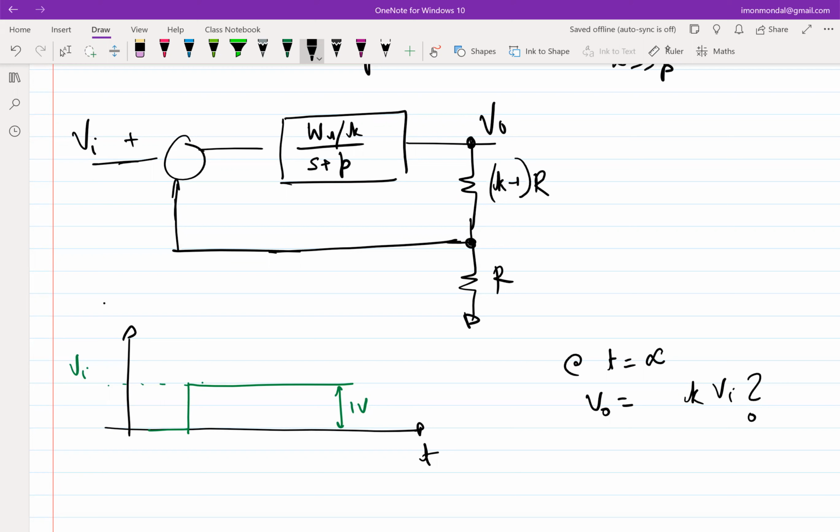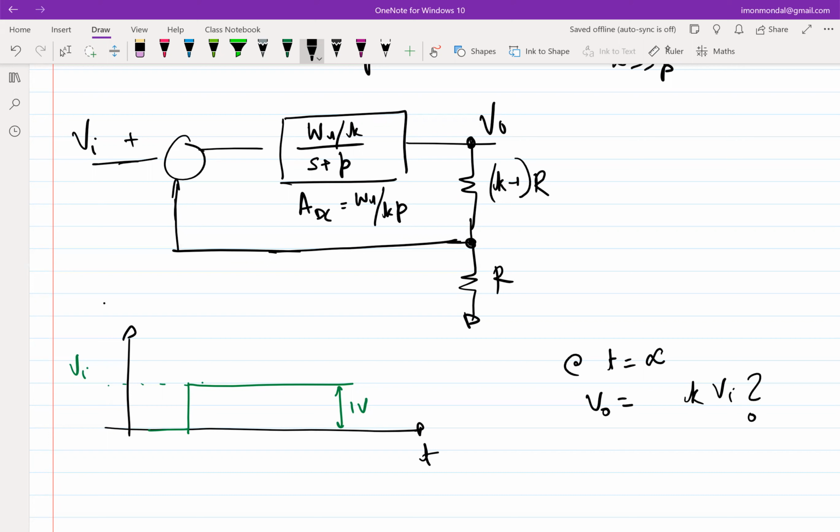Whatever this pole is present. What do you mean by error voltage is not 0 at DC in steady state? In this case, the integrator doesn't have infinite gain at DC. So if I have to analyze what's going on at DC, I'm not looking at the dynamics of how the final settling will be. I'm only interested in the steady state. So I can simply replace this integrator block by putting S equal to 0, which means this is simply a gain block of ADC equal to omega U by Kp.